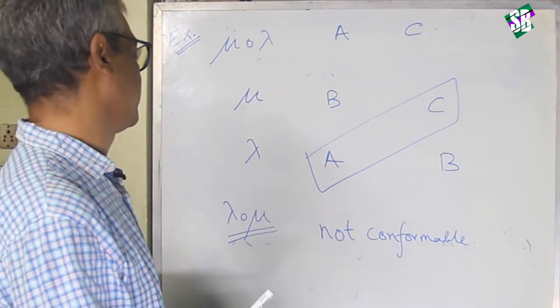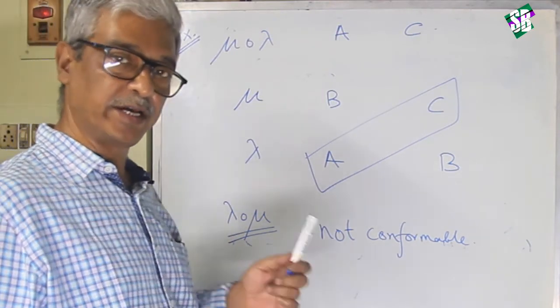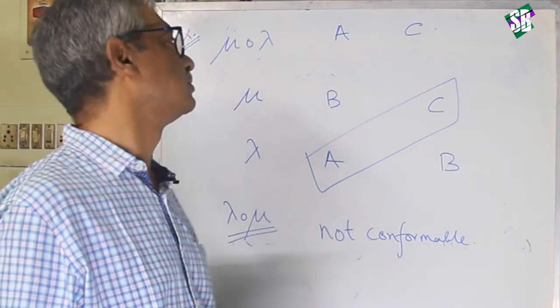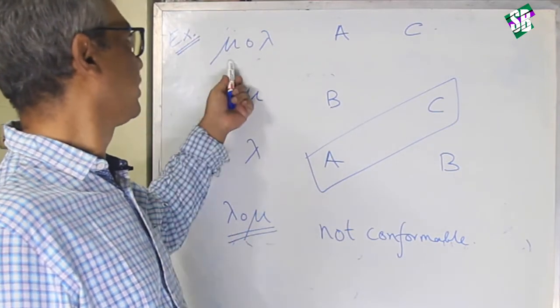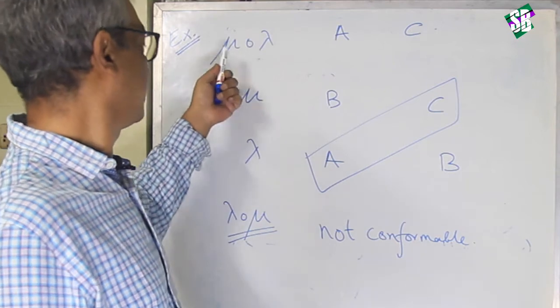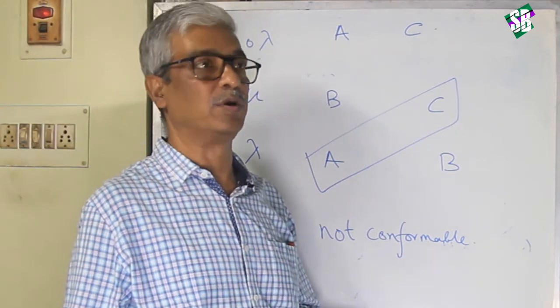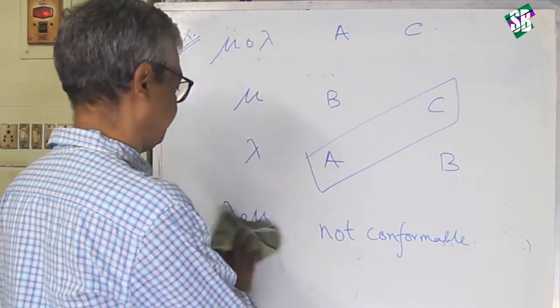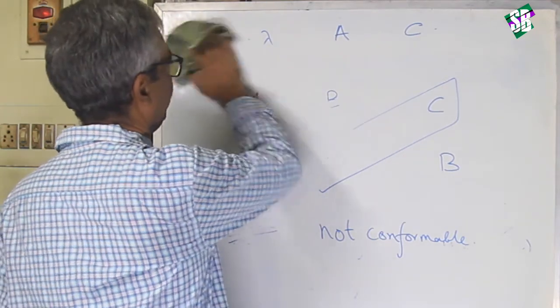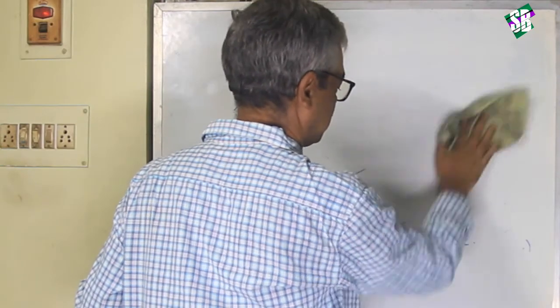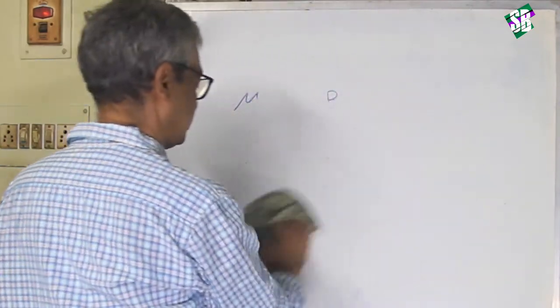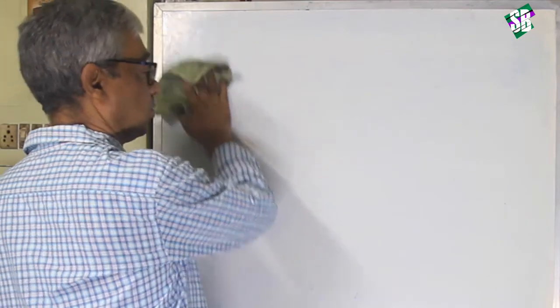Even then, take examples where lambda o mu and mu o lambda may not be equal. Okay. So now we will take some examples on binary relations on a set.